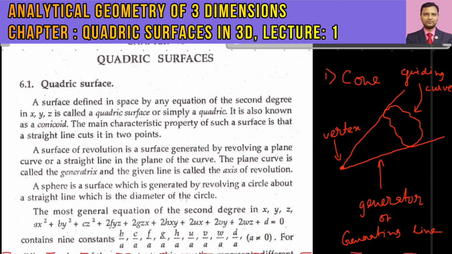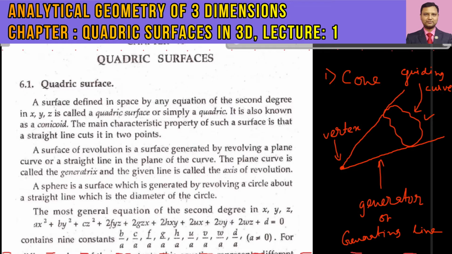Now, particularly if this guiding curve is a circle, in that case we will have the surface that is generally used or introduced in school level geometry. So this is the general definition that is called cone.